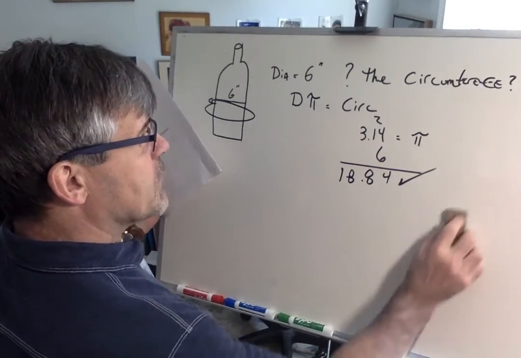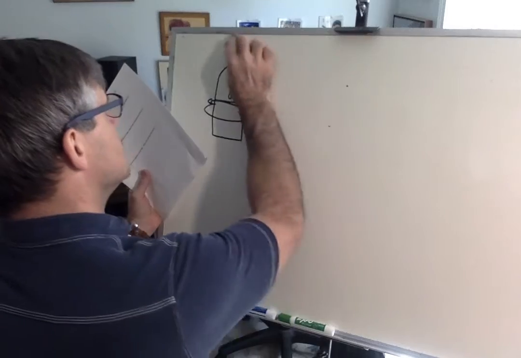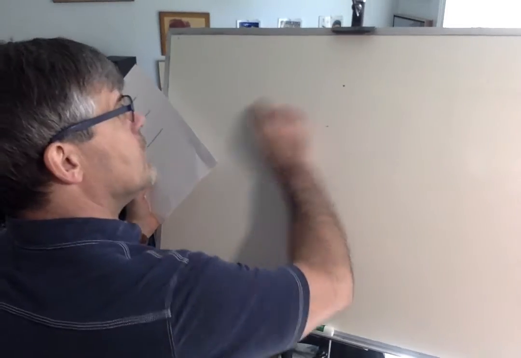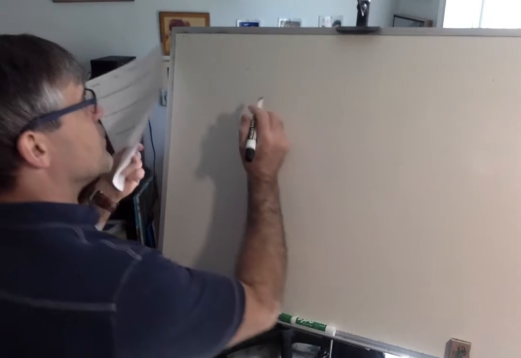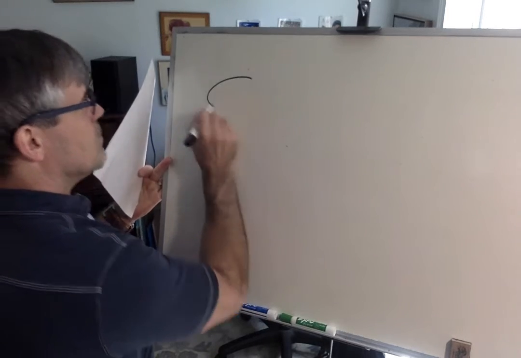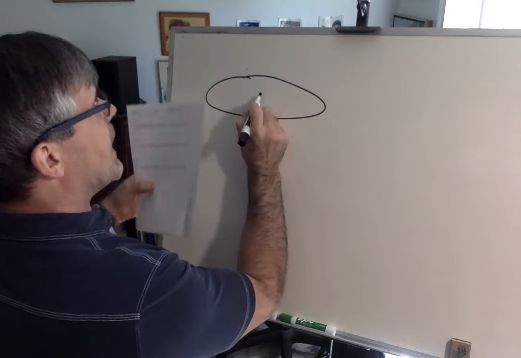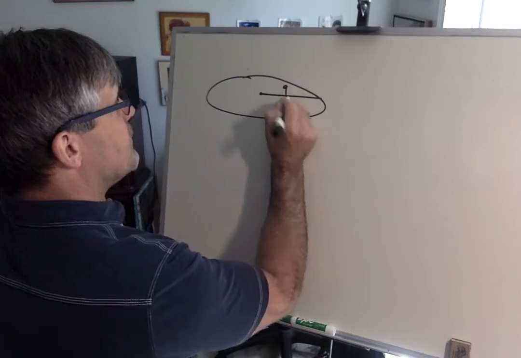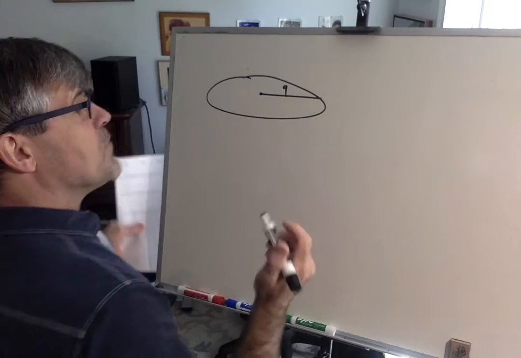Okay, a circular swimming pool. So a circular swimming pool, right, has a radius of 9 feet. So this is 9 feet, and that's supposed to be a circle. So the question is, what's the circumference?